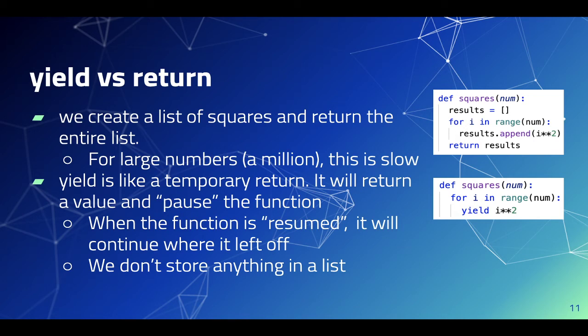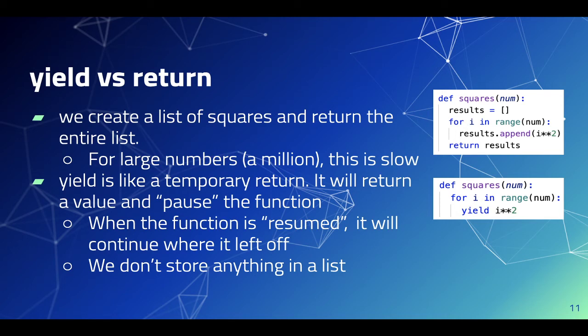When we use a generator, on the other hand, instead of return, we use yield. Also, look how much less messy generators look than normal functions. We don't have any variable called results. We don't have a return statement. We're not appending anything. All we're doing is saying for i in range of num, yield i squared.